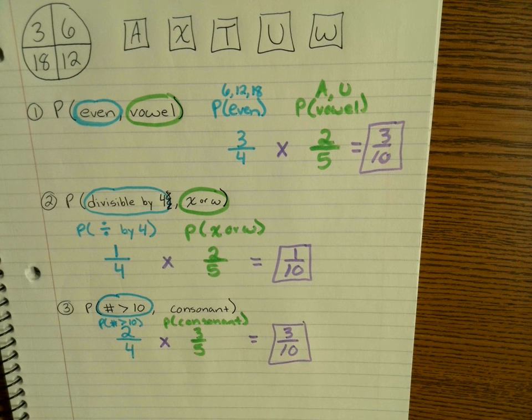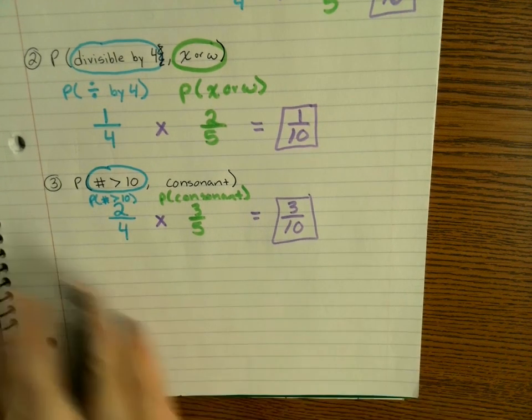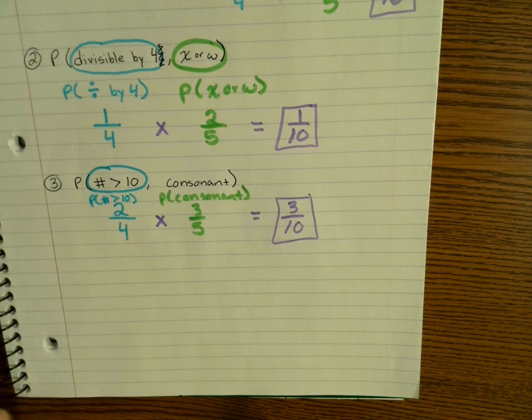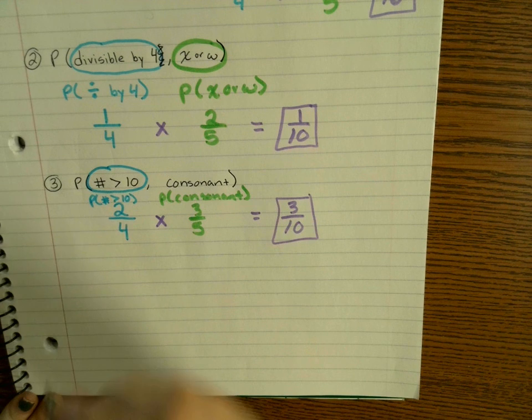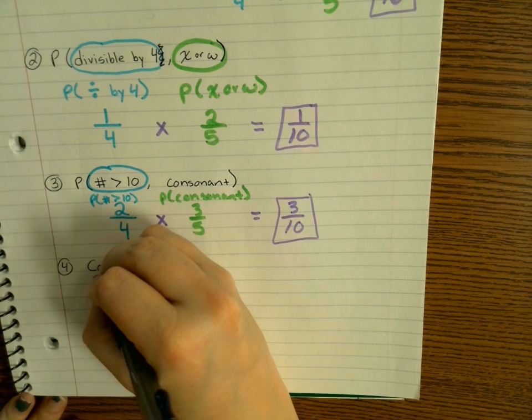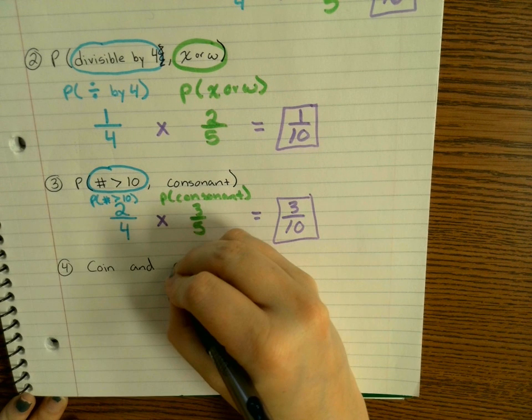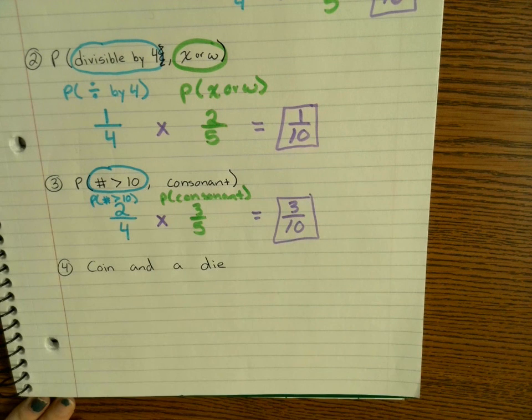All right, let's move on to a different activity now. So not using that spinner, not using those letters. Let's go ahead and say that we've got a coin and a die. A coin and a die.